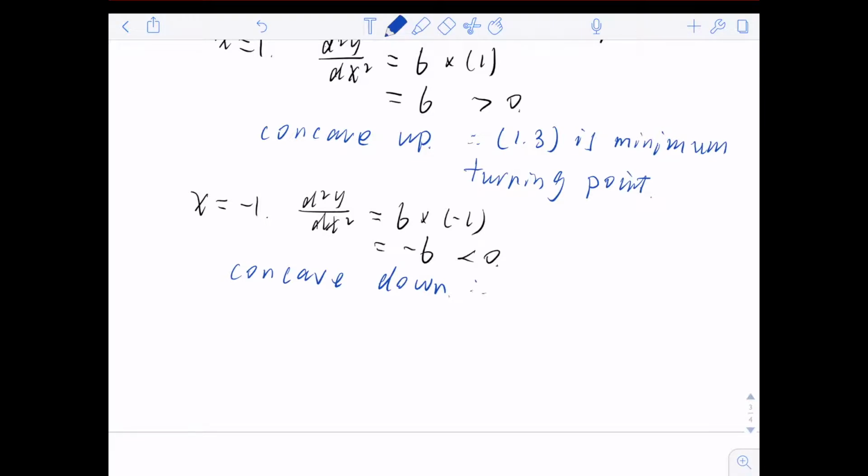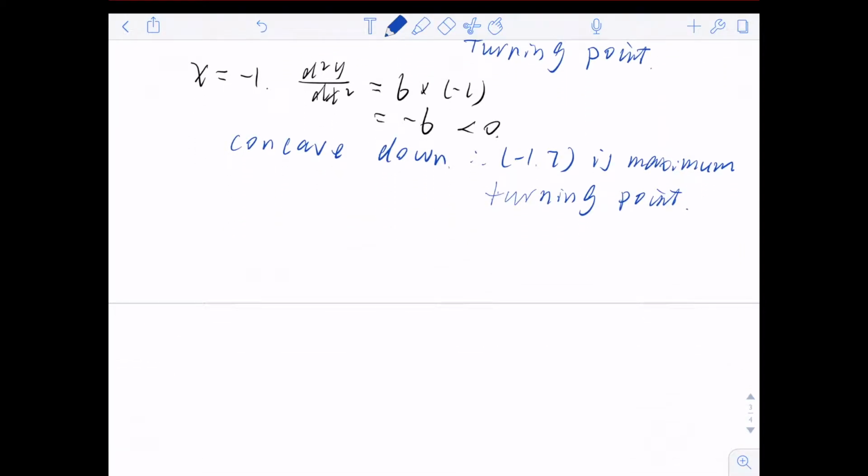So negative 1, 7 is a maximum turning point. Okay, good.